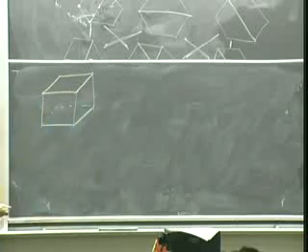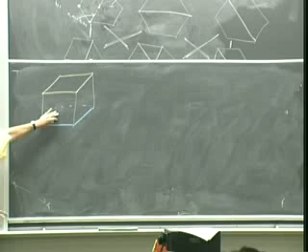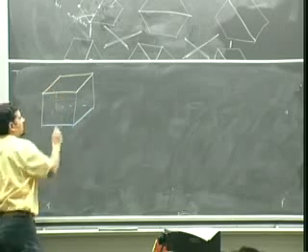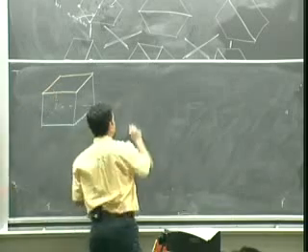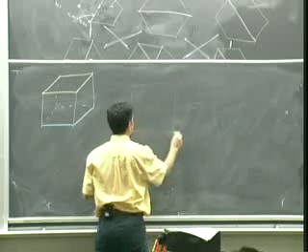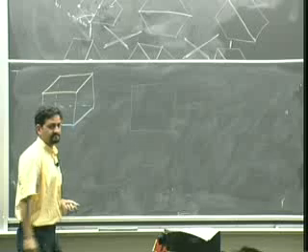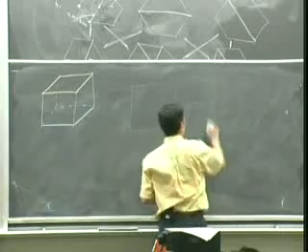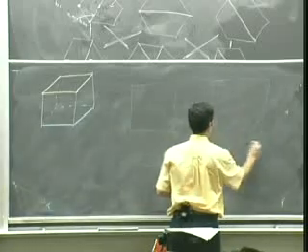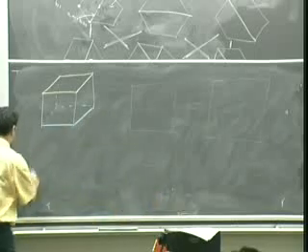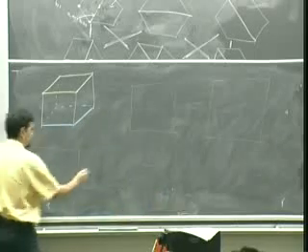And what this means is that I can picture triangulations of this thing as mixed subdivisions of this thing. Okay, and let me draw. I'll need like 8 of these things.